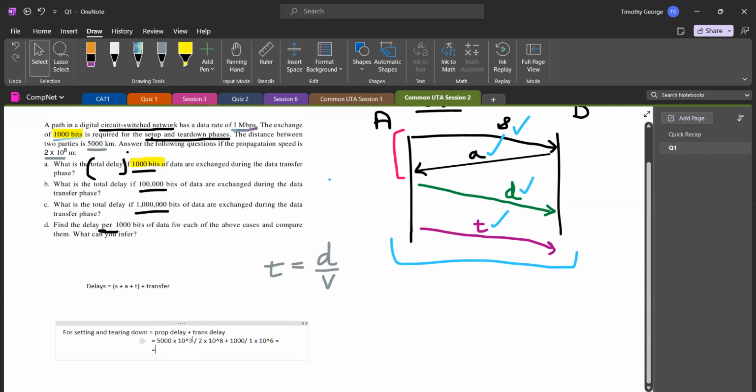How would you solve this? Let's simplify: 5 into 10 to the power 6, so that it becomes easier. 5 divided by 2 is 2.5, times 10 raised to minus 2, divided by 1000 over 1 into 10 to the power 6, which is 10 to the power 3. The answer here will be 10 to the power minus 3.